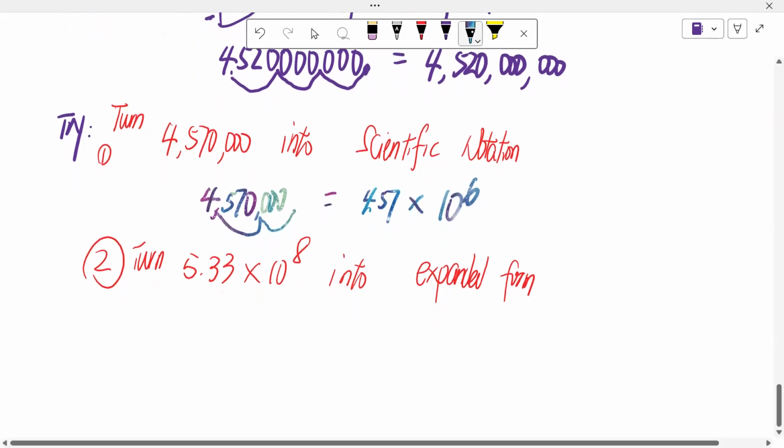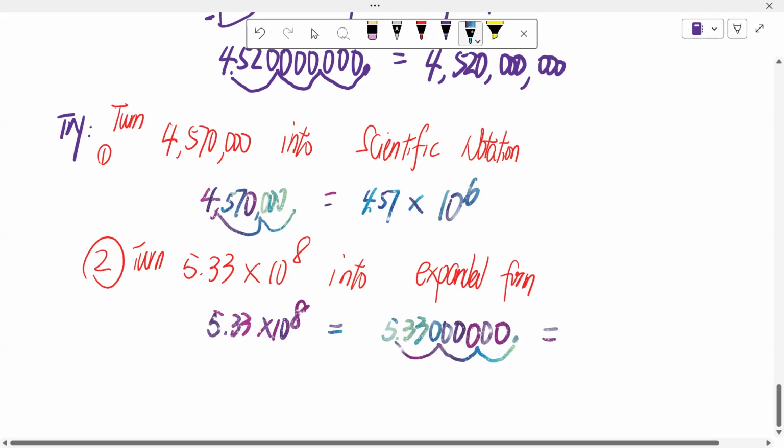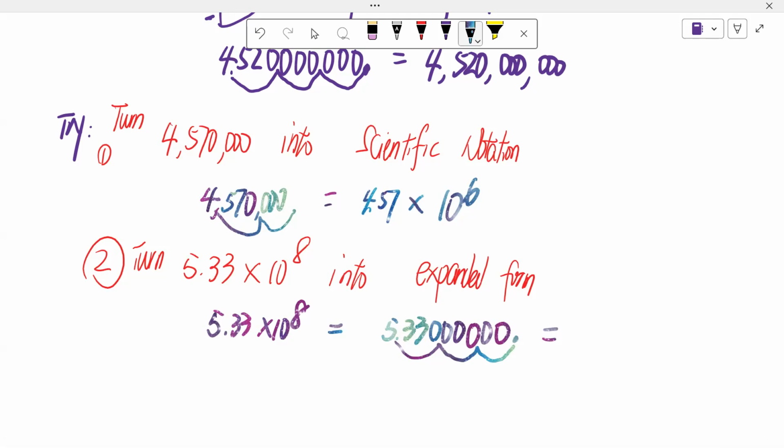Any question? For 5.33, I'm going to write out 5.33 and add 6 zeros in the back. So we're moving the decimal 3 units, another 3, and 8, right? Meaning we increase the number 100 million times.